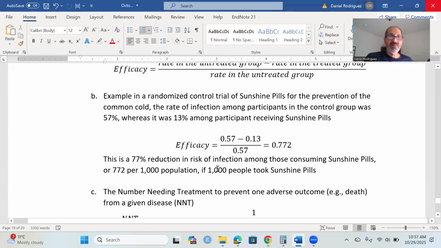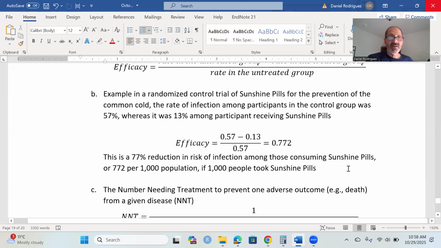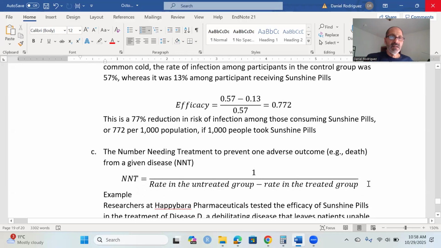So that's a 77% reduction in risk of infection among those consuming sunshine pills, or 772 per 1,000 population if we were using a rate base of 1,000. We often express things like that per 1,000 individuals.